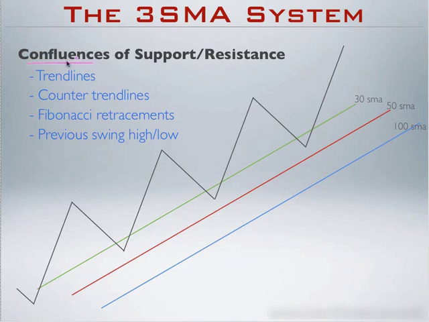The idea here is that if we find any of those elements around the dynamic area of support and resistance, that's going to increase the possibility of a bounce, because now we not only have the moving averages, the dynamic area of support and resistance, but we also have some standard elements of support and resistance strengthening the possibility of a bounce.